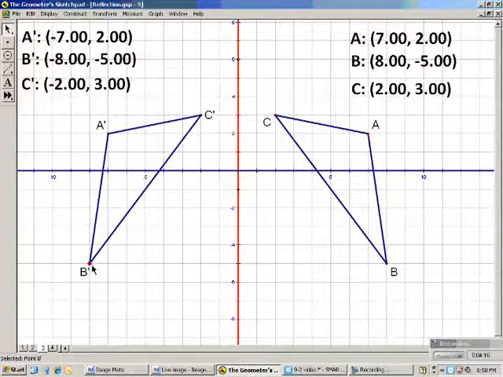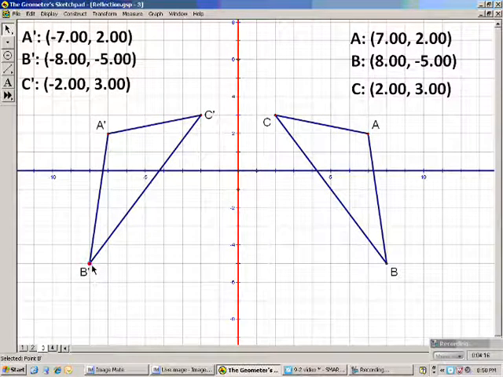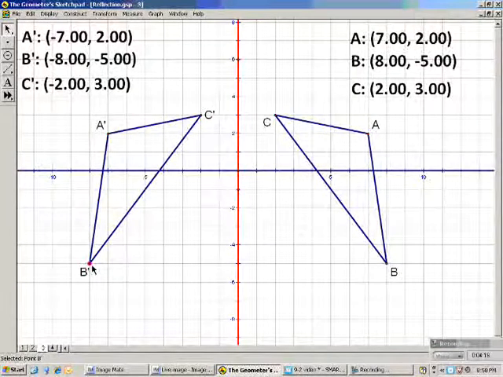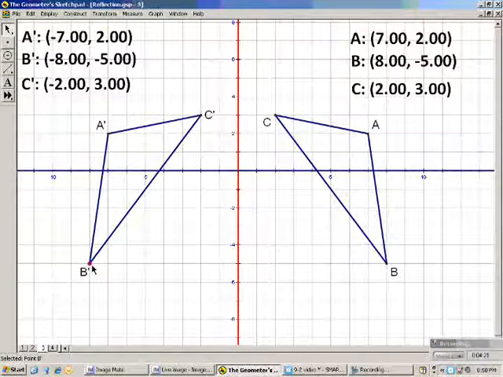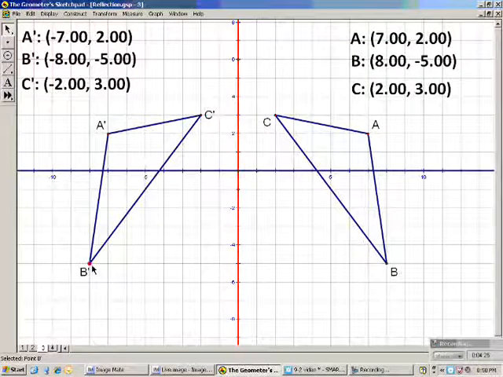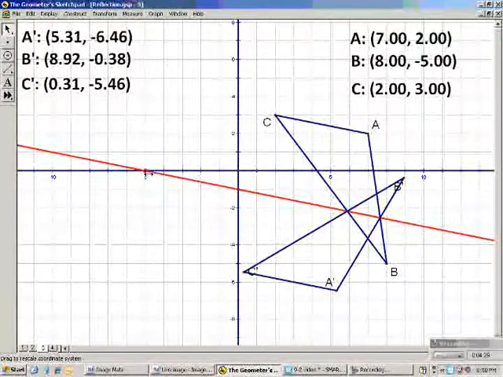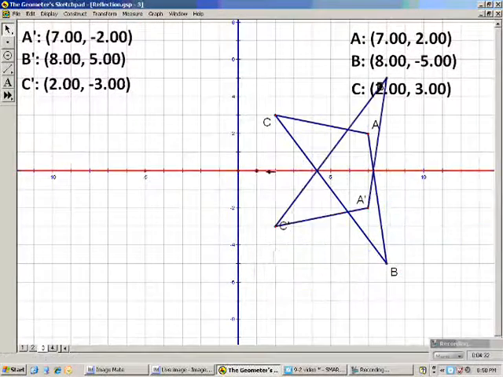Now one thing to notice is that when the line is the y-axis, the image happens to be the same coordinates as the pre-image, except the x-coordinates are negative. Similarly, if we have our line of reflection be the x-axis, it's a little confusing because they're overlapping.